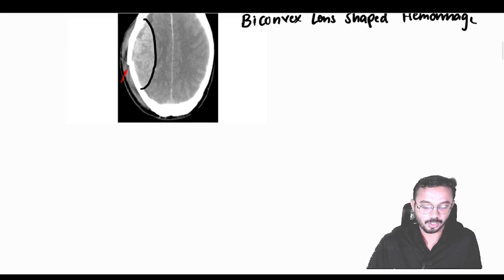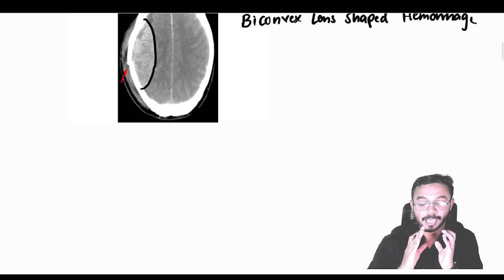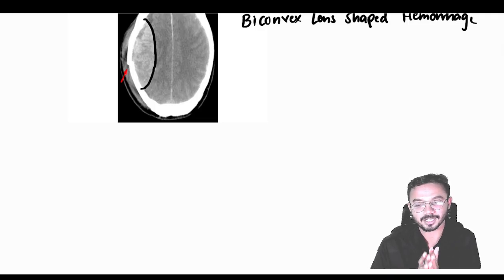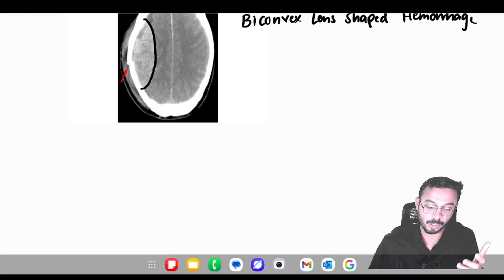Very important. So this is about EDH. The examiner's question is always a young guy driving without a helmet who gets an accident, and the lucid interval is present: unconscious, and again he's perfectly well and rides the bike home alone, and again becomes unconscious at home. This is about the lucid interval.